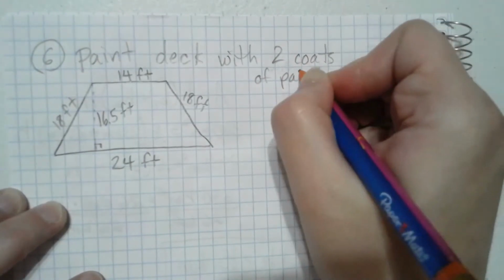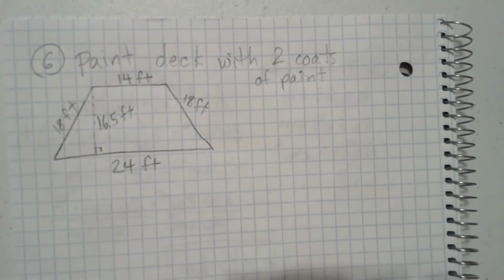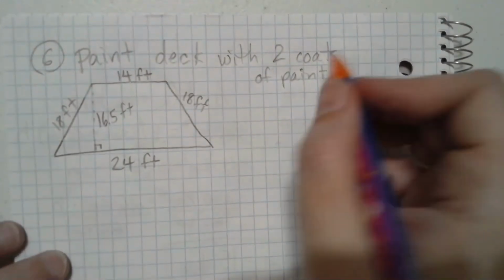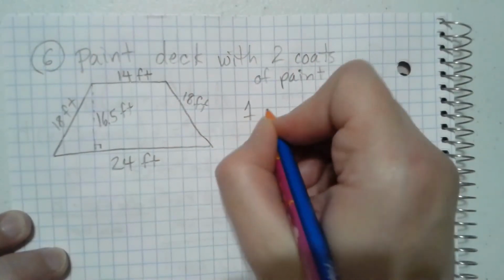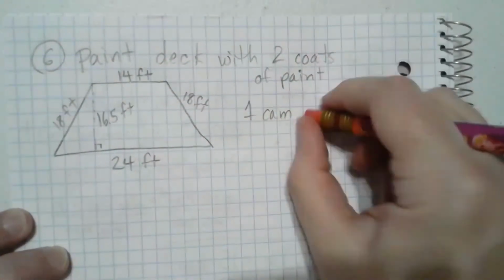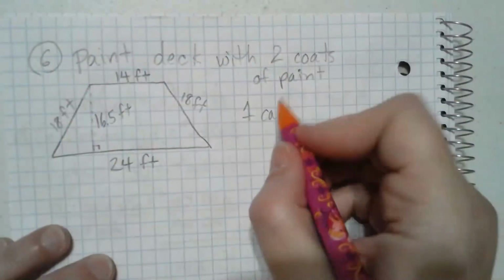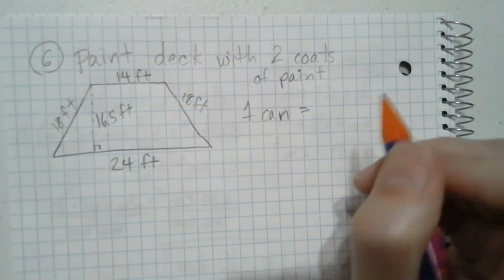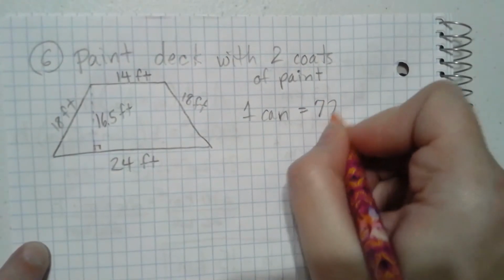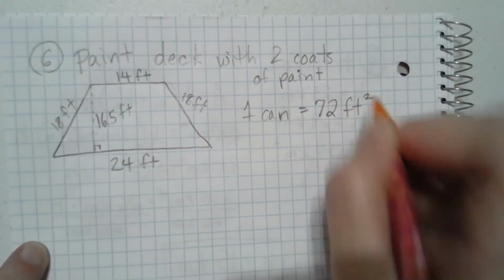That means you're going to paint it once, let it dry, and paint the whole thing again. What we know is that 1 can equals 72 square feet.